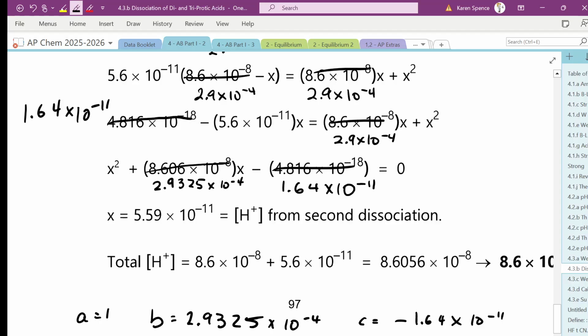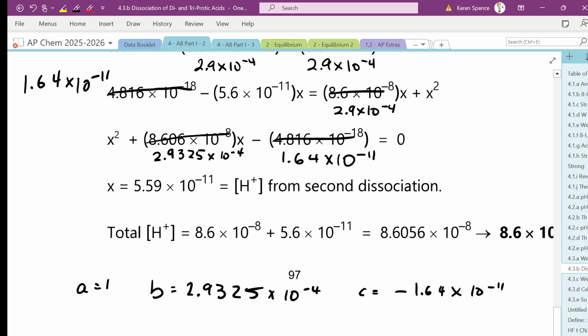Anyone have that? Or you can just believe me. You can be like, okay, the concentration from the second dissociation is insignificant. It's tiny. I don't know what it actually is. Anywho, there we go.